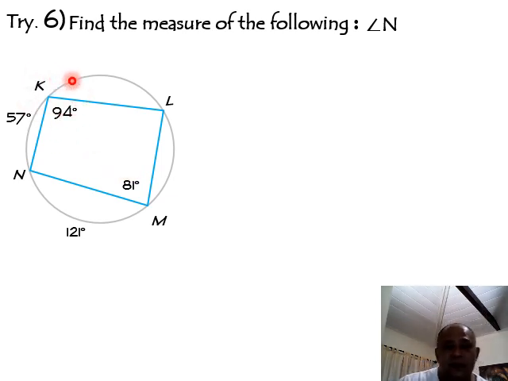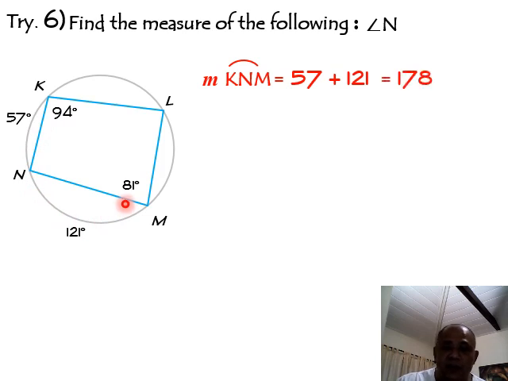Well, first of all, we can use arc addition to find the arc KM. So let's go and do that. We add 57 plus 121. That gives us 178.